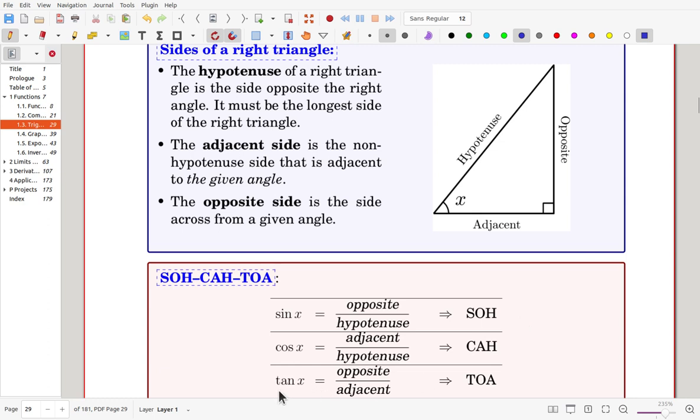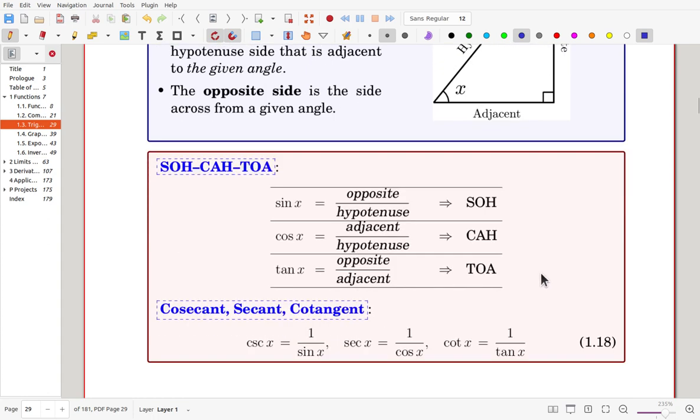For example, tangent x is opposite side over adjacent side. You learned this, I believe, in high school. And also cosecant, secant, cotangent are defined as the reciprocals of sine, cosine, and tangent, respectively.